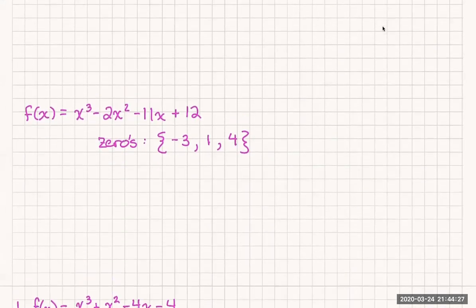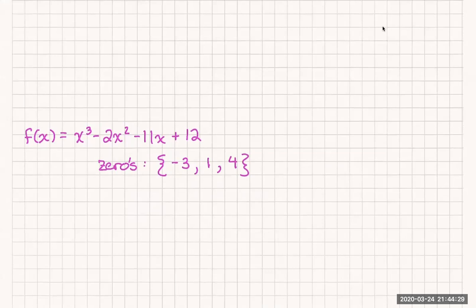So let's take a problem like this. f of x is equal to x cubed minus 2x squared minus 11x plus 12. Let's use the linear factorization theorem to rewrite this as a product of factors, okay? And I know that my zeros or my factors are -3, 1, and 4. Well, in this case, the leading coefficient, a_n, is 1.